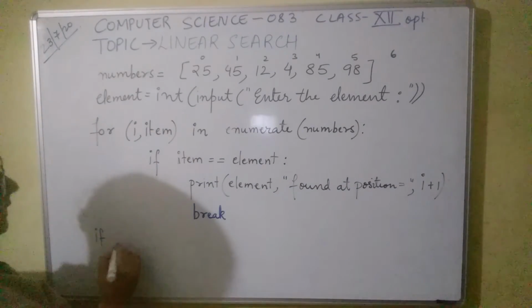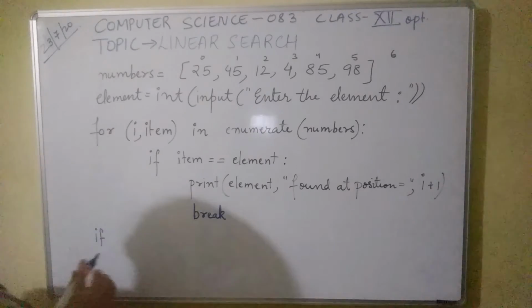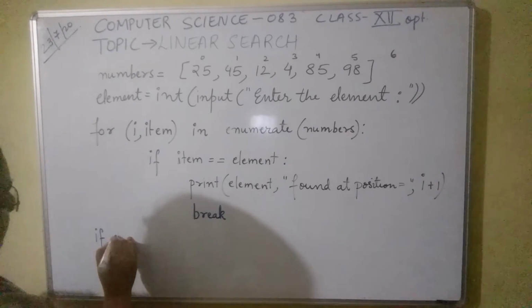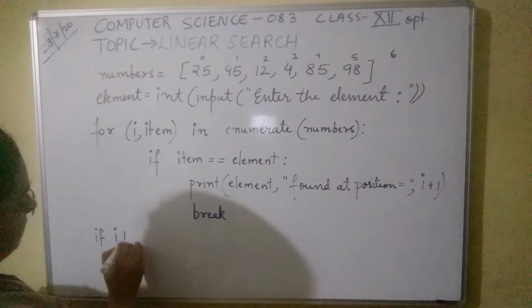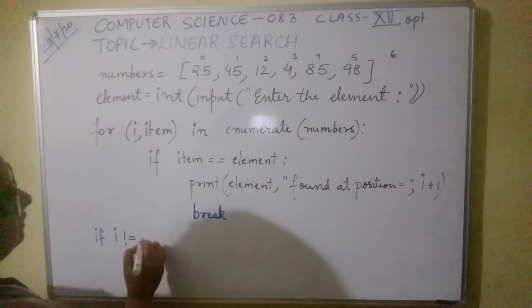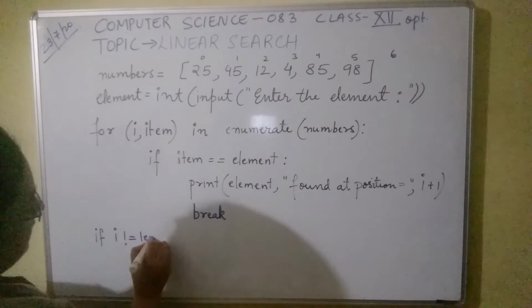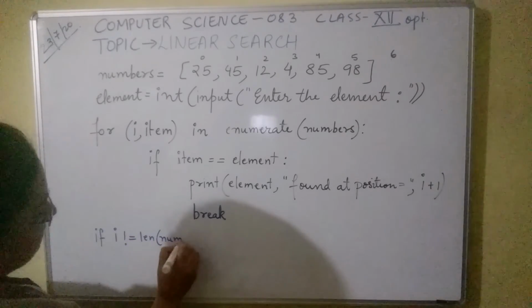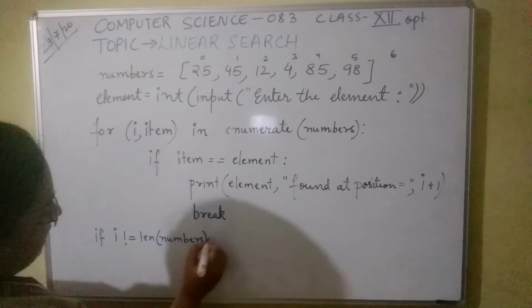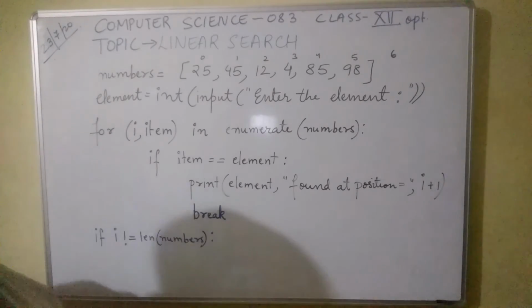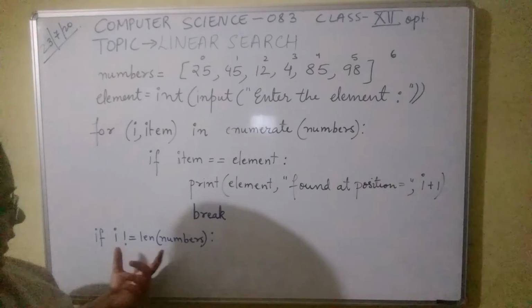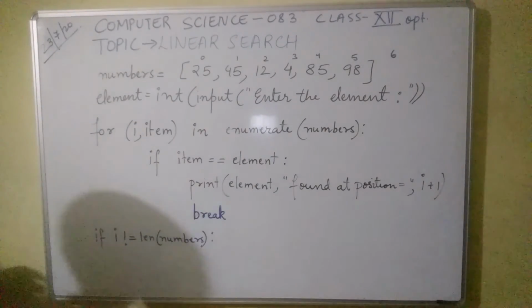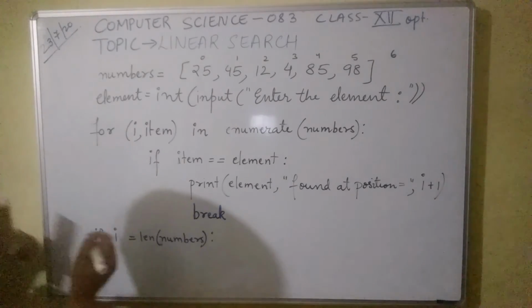So we will write here if i is not equal to len numbers. Length of the numbers is going to give me the total number of elements in the list. So one second, instead of not equal to, it will be i equal to.